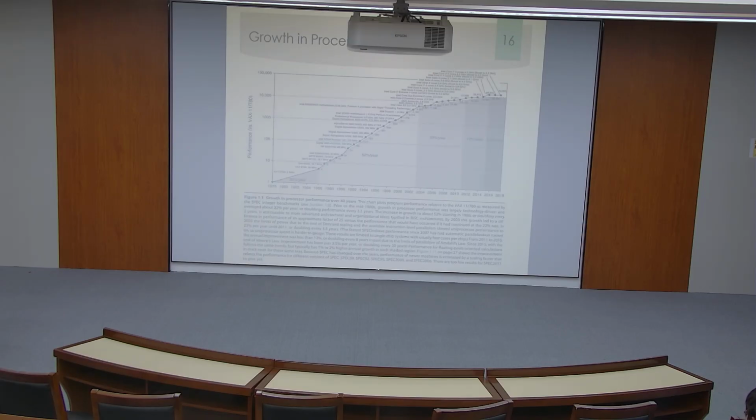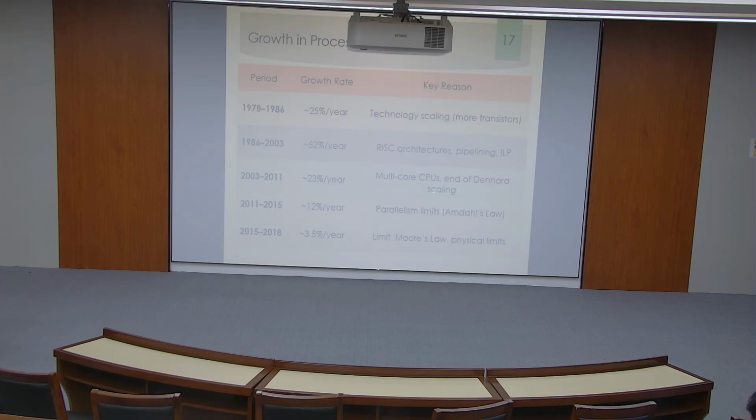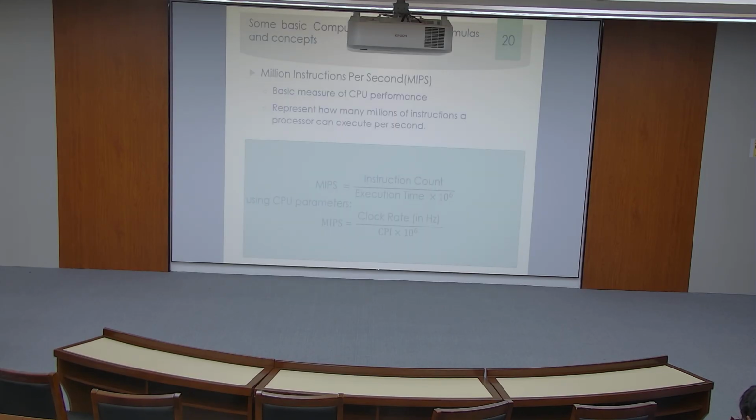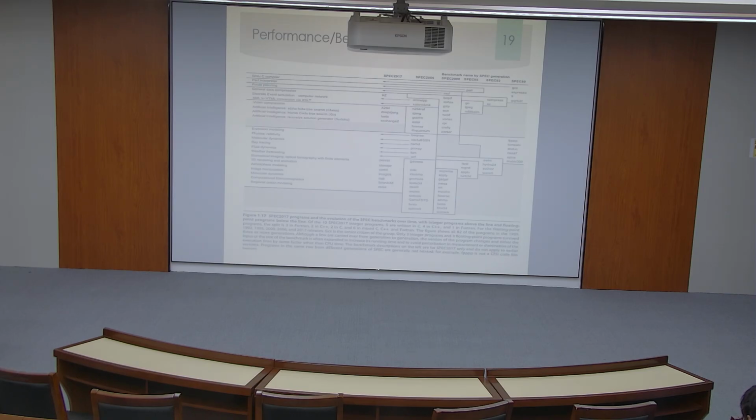From 2003 to 2011, we had an improvement of 23% per year, and it was due to many cores on a single processor chip. And from 2011 to 2015, as you can see, we had only 12%. Why 12%?